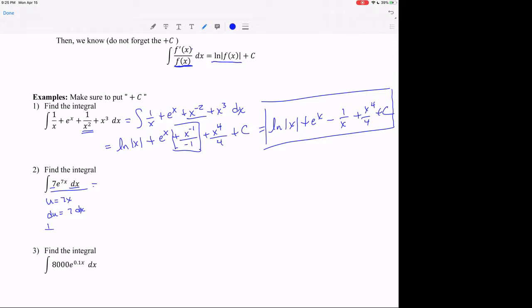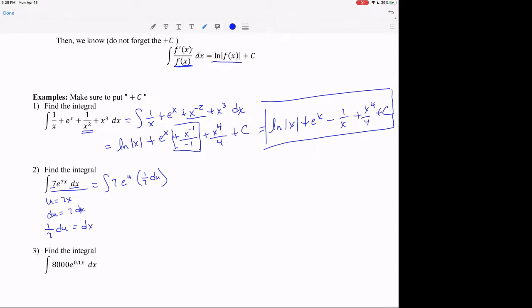Go ahead and solve this for 1 over 7 du equals dx. I don't want to do it that way. Sorry, guys. So this is going to become the integral of 7 e to the u times 1/7 du.